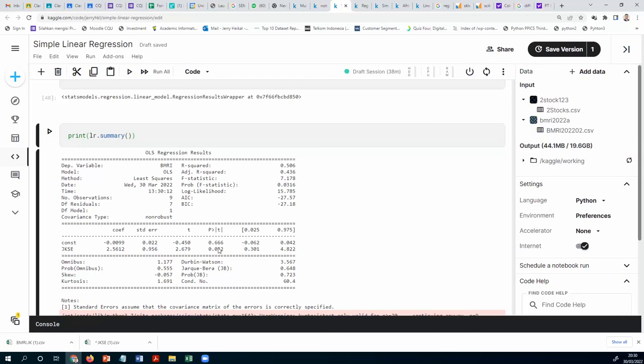P value below 0.05, significant. So the data is good. The Jakarta Stock Exchange is significant. So we can use the Jakarta Stock Exchange as the variable, and then R square 50%, adjusted R square 43%, quite good, yeah.